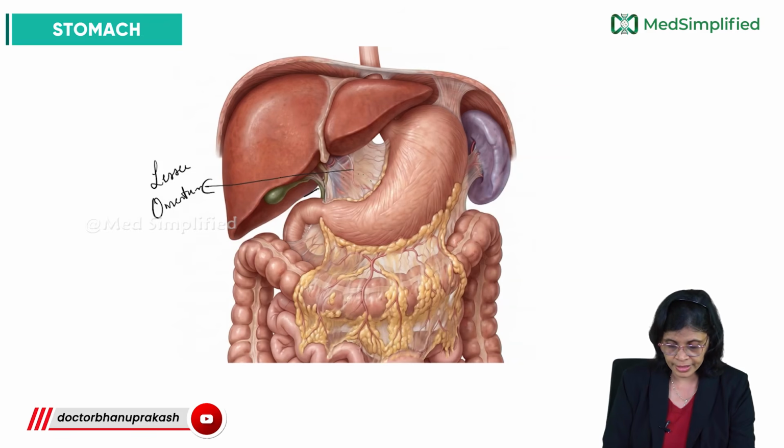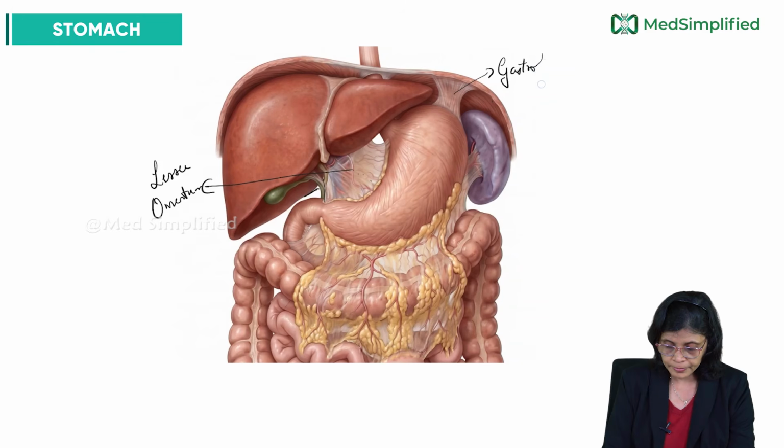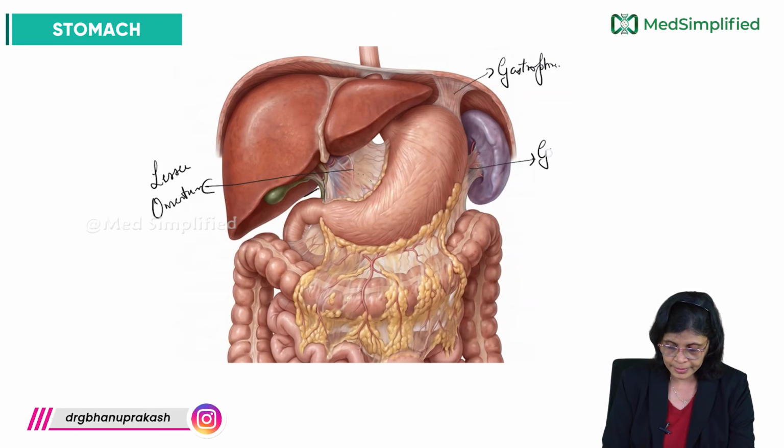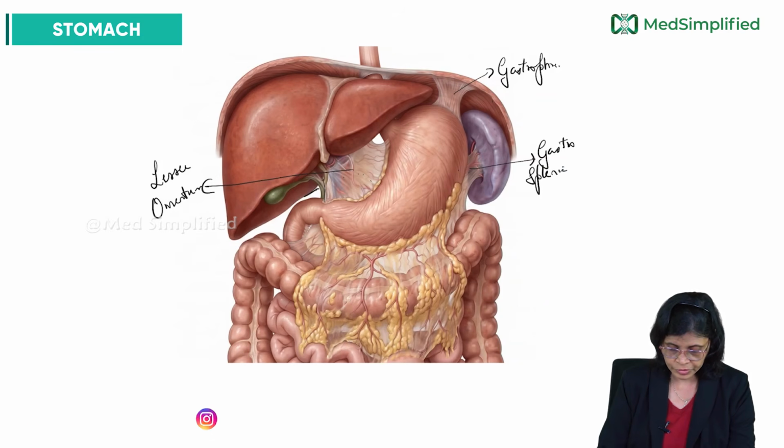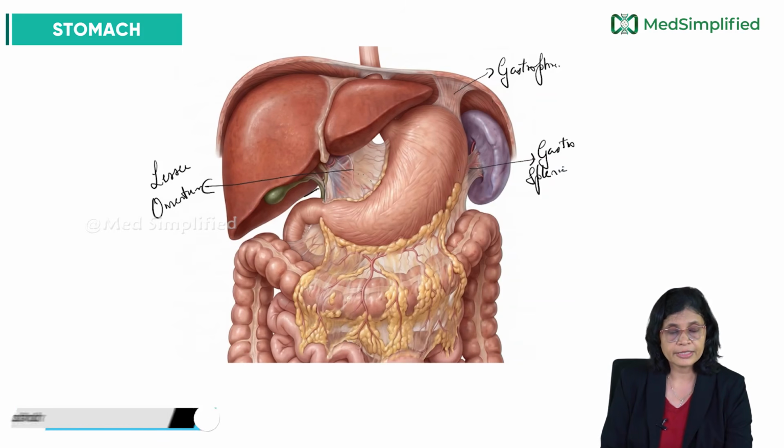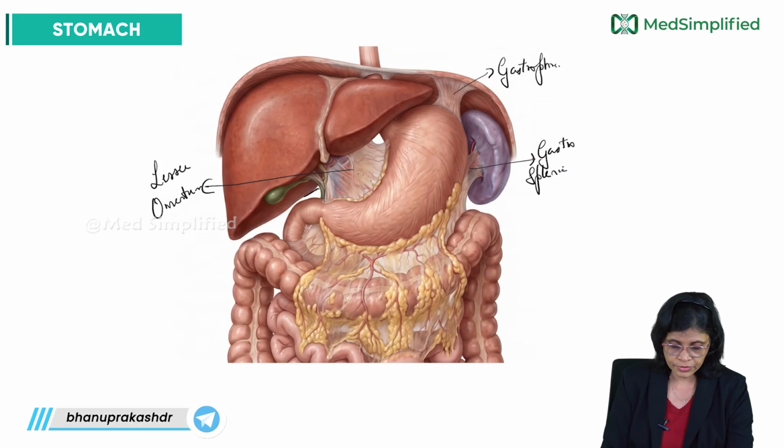Along the greater curvature in the upper part is the gastrophrenic ligament. Here we have the gastrosplenic ligament between the stomach and the spleen. And here we have the greater omentum. This is the transverse colon; when the stomach is empty, we can see the transverse colon in the lower part of the stomach.